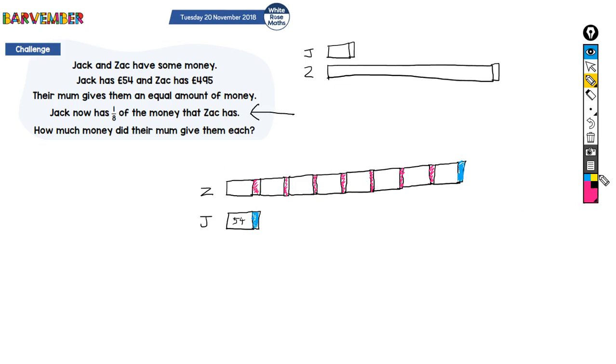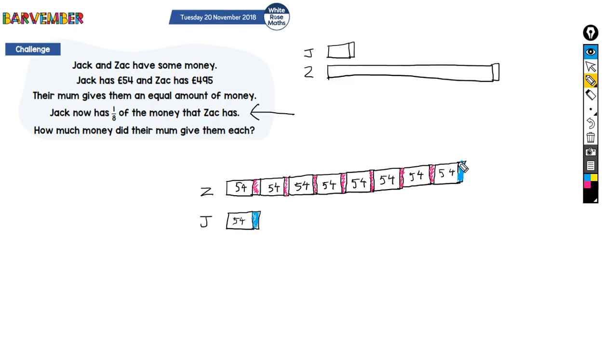Okay, so what have we got? I hope I haven't muddled you more. So this is 54, this is 54, this is 54, and so on. Each of these is 54. It's just been partitioned up so that it looks the same as this. We know that Zach had 495 at the beginning.